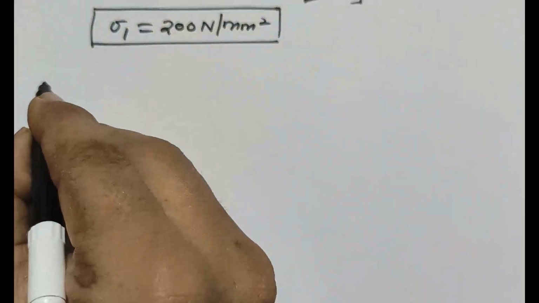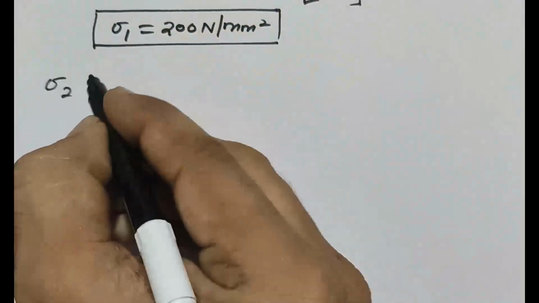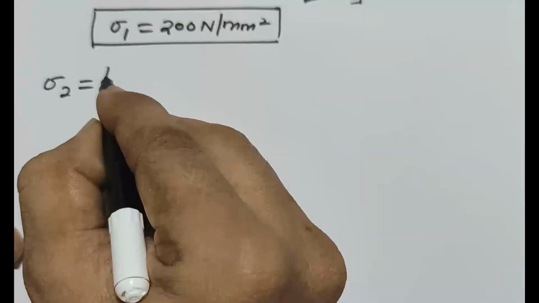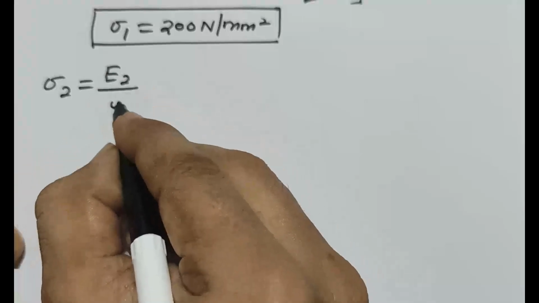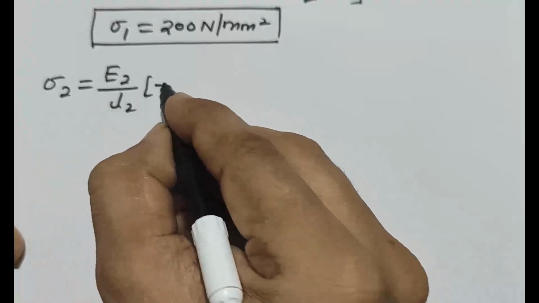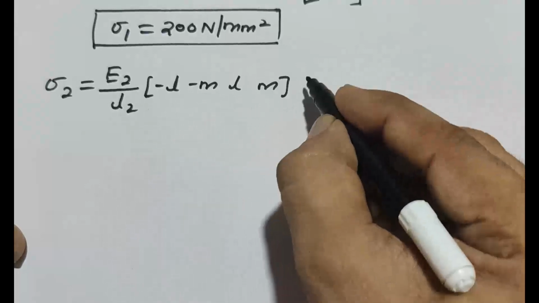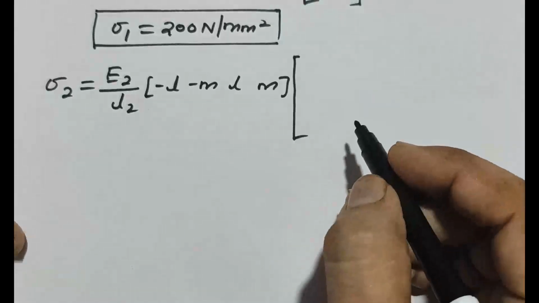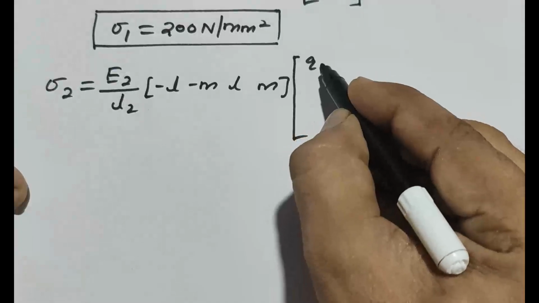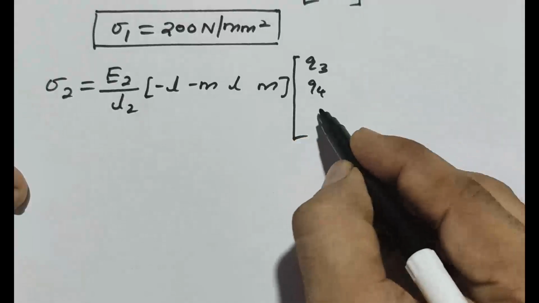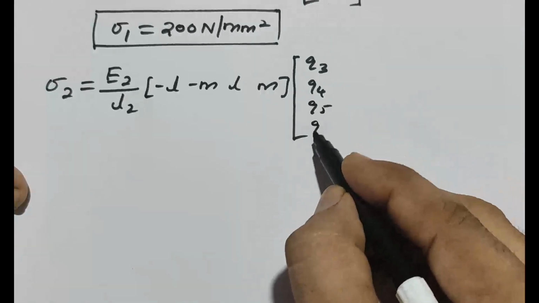Next we need sigma 2, that is stress in element number 2, that is E2 by L2 times [minus L, minus M, L, M] times the corresponding nodal displacements Q3, Q4, Q5, Q6.